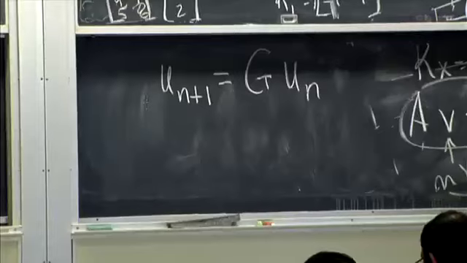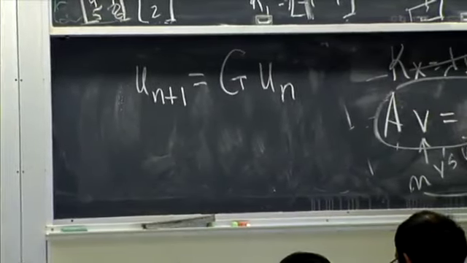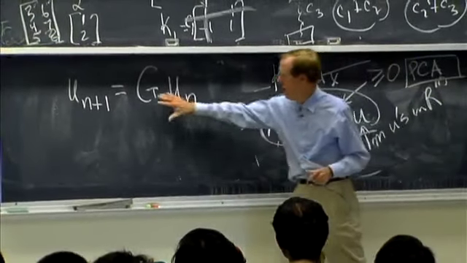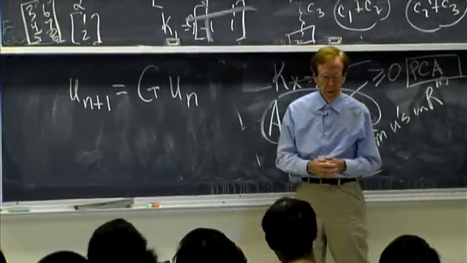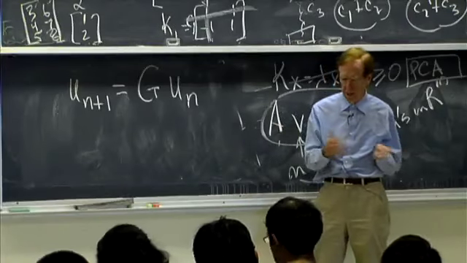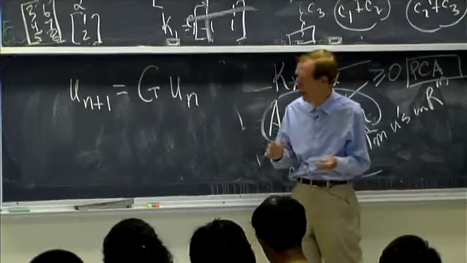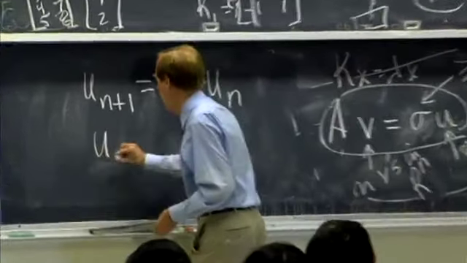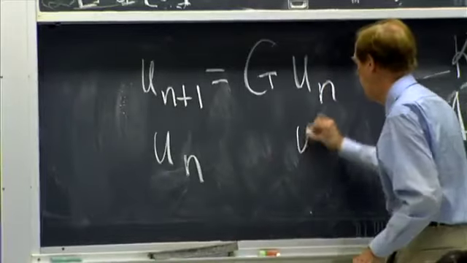It's got to look like that for a linear problem. Now let's suppose that we have this nice situation as today, where it's the same G at every step. So the problem is not changing in time. It's linear. It's all good. What is the solution after n time steps compared to the start?